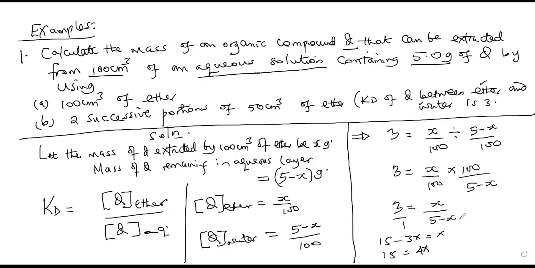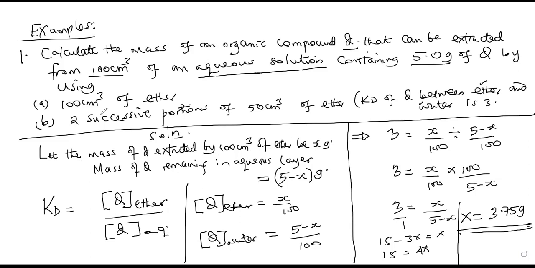So here it can give us the value of X as 15 over 4, and you put on your calculator 15 over 4. You get 3.75. And the fact that you had said let the mass of Q extracted by 100 cubic centimeters be X grams, meaning the value of X is the mass extracted by 100 cubic centimeters of ether.